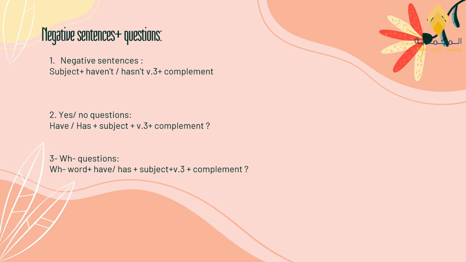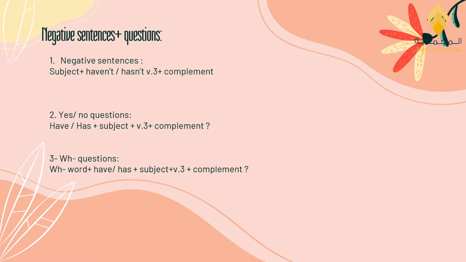So if you noticed, all we have done is to switch between the place of the subject and the auxiliaries have or has. Now the answer of this type of questions is yes or no.